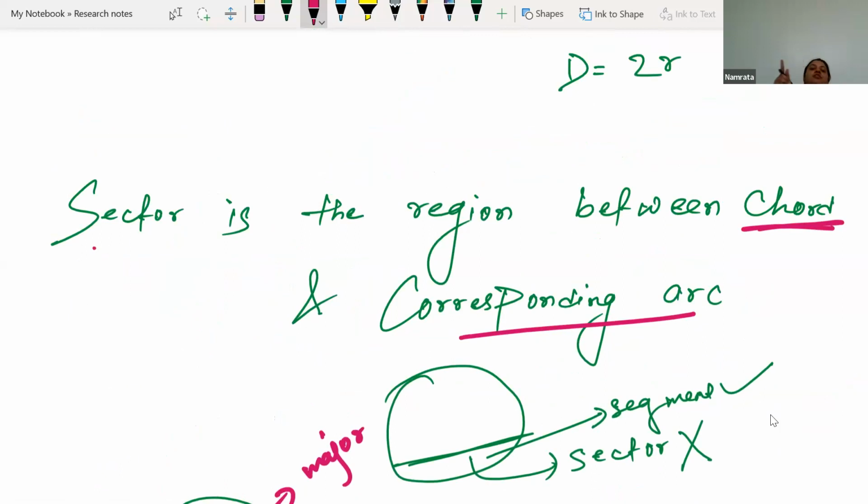Chord means whenever you take 2 points on the circle and join them, you get a chord of the circle. So sector is definitely not the region bounded between chord and arc. It is the region bounded between radius and the arc. So this is false. Got it?